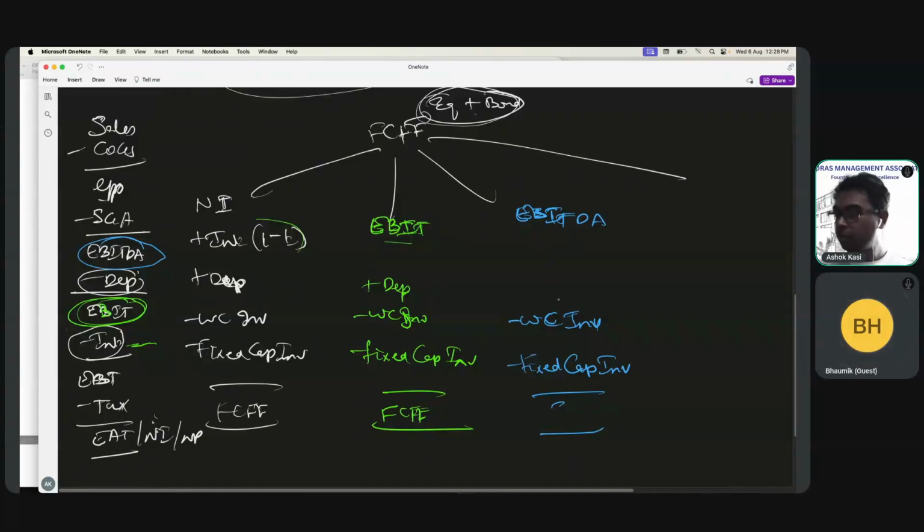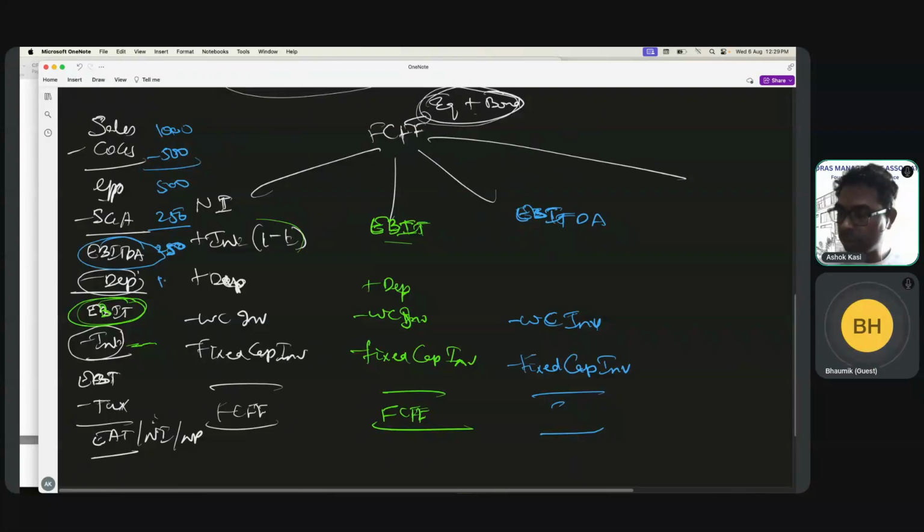Why is this not right? Let me prove it with some numbers. For example, let's take sales of 1000, cost of goods sold is 500, gross profit is 500, operating expenses 250, EBITDA 250.